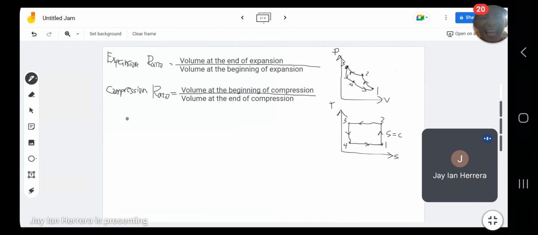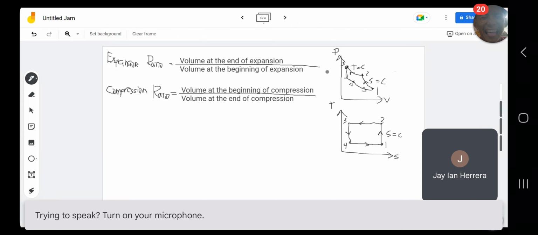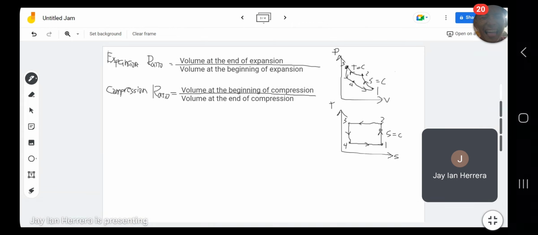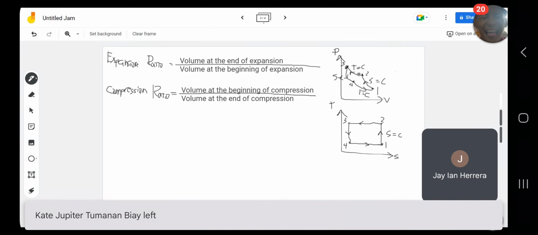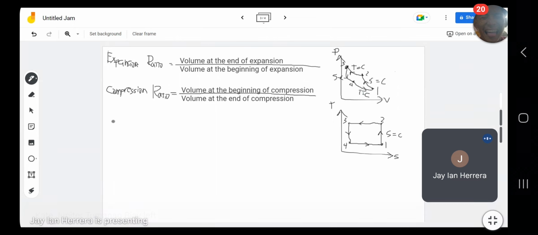So, for isothermal expansion natin, this is SC, this is DC. This is another SC. Sa gitna ito is DC. So, we have two kinds of expansion, isothermal and isentropic. Ang isothermal expansion natin is from 4 to 1.